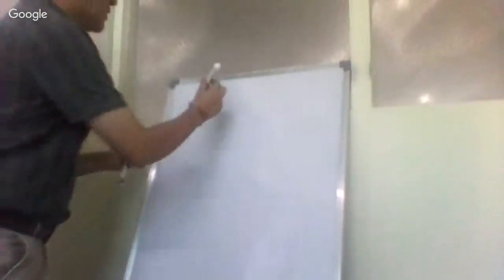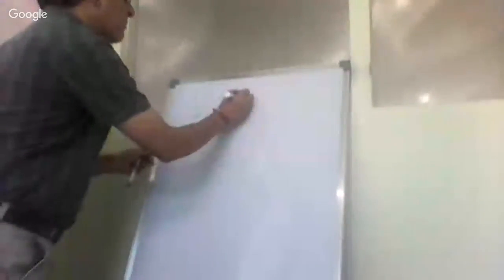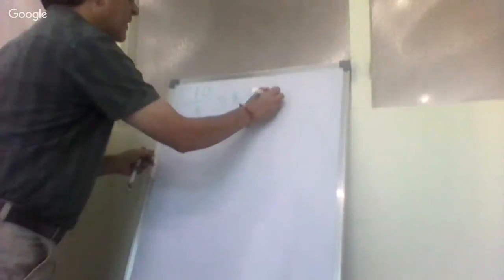It's coming 3.3333. Right, it's not terminating. It will go on. We'll never get the remainder 0. So we are getting 3.3333 and so on.